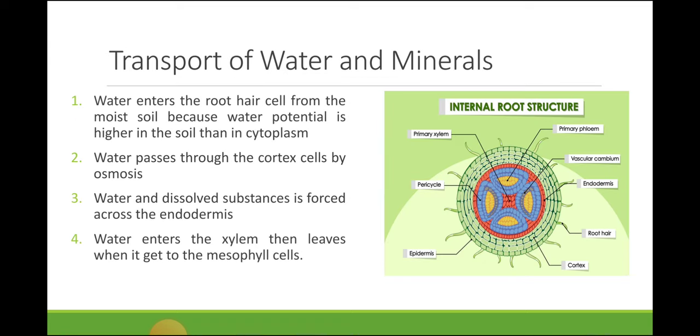So now let's talk about transport of water and minerals. Water enters the root hair cells from the moist soil because water potential is higher in the soil than in the cytoplasm. And I've talked on water potential; you can check my video on cell and its environment.